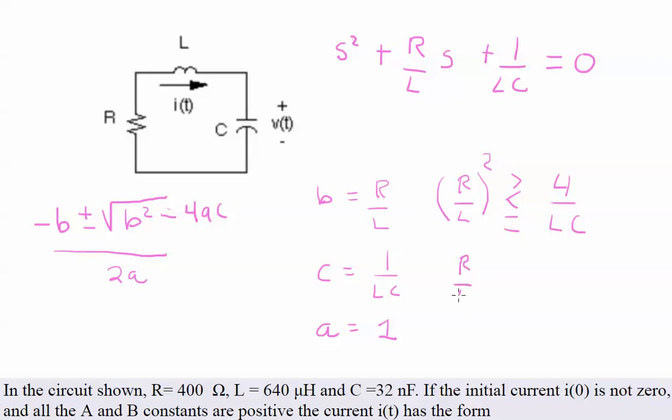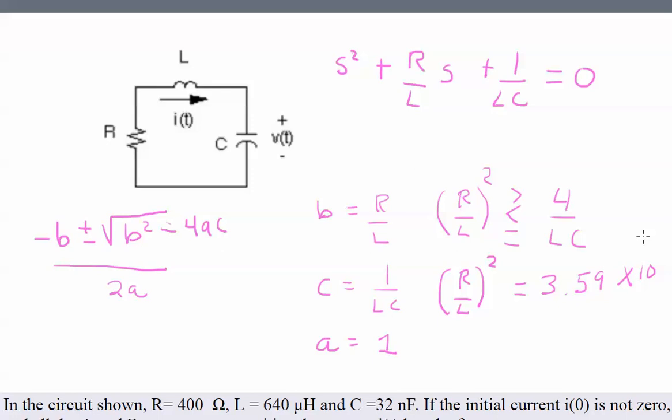So in this case, given these values listed below, R over L squared is, if I recall, about 3.59 times 10 to the 11th.